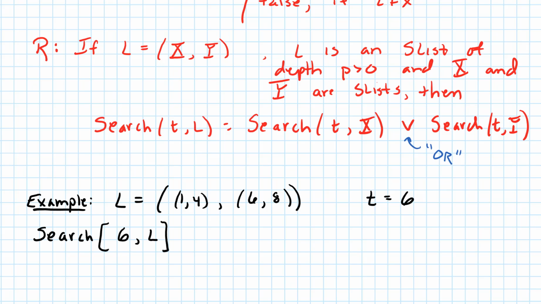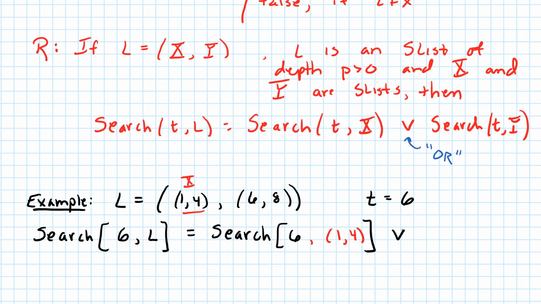According to the rule here, if L consists of X and Y, then we just break it apart. So we're going to break this apart as the search for target 6 in our first little list, which is 1, 4. We'll do that.